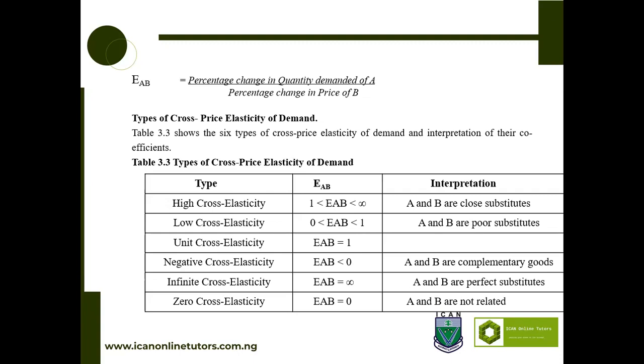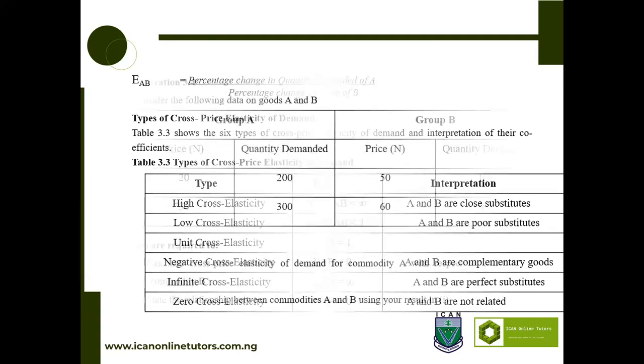When it is less than 0, A and B are complementary goods. Where it equals infinity, A and B are perfect substitutes. And zero cross elasticity indicates that A and B are not related.